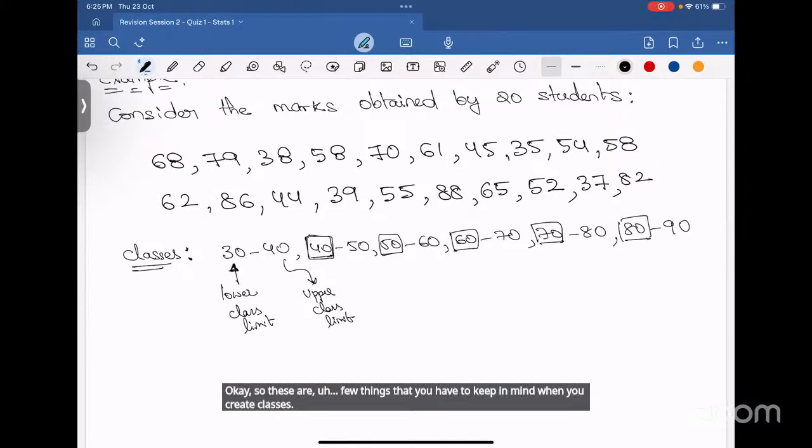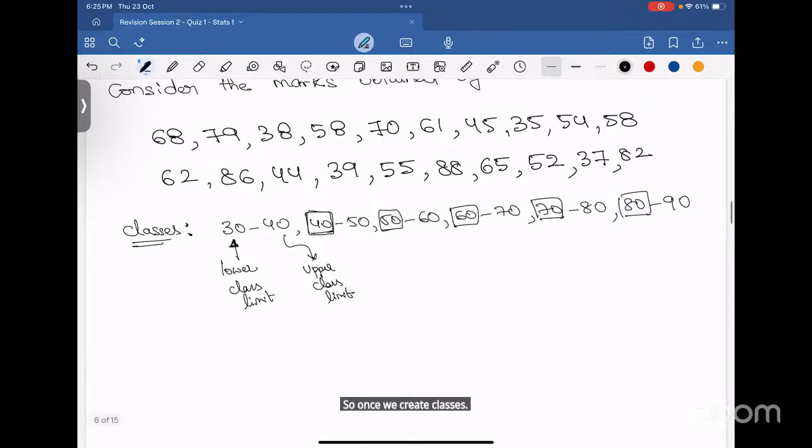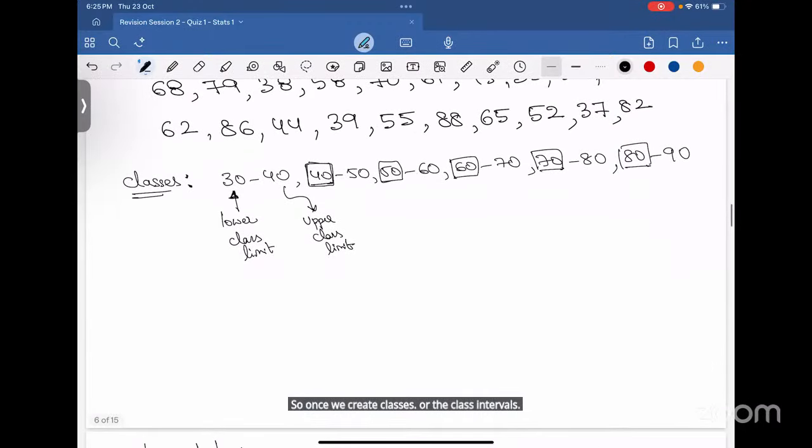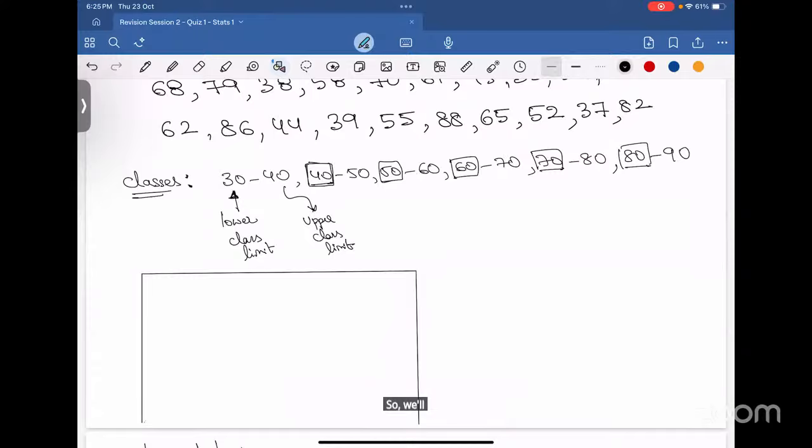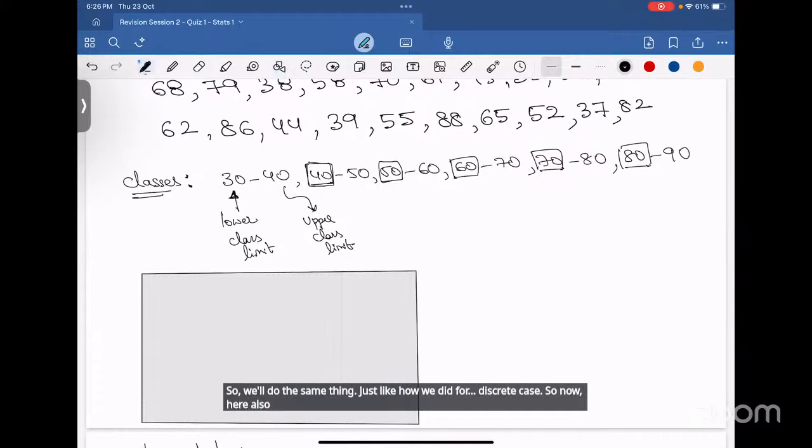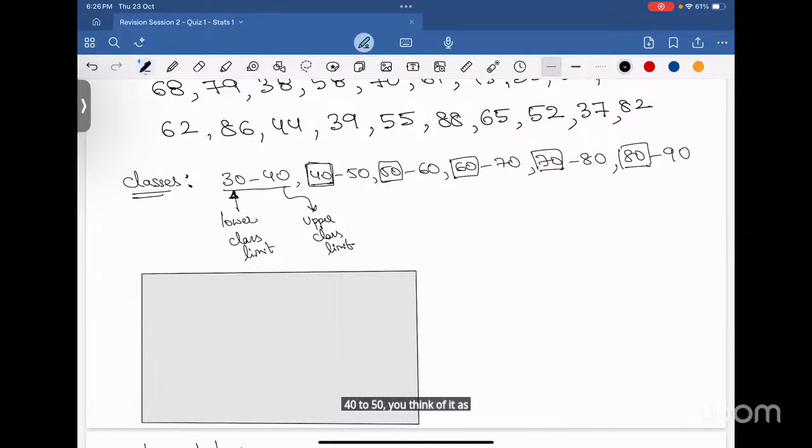So once we create classes or the class intervals, we plot the frequency table. We will draw it here, just like how we did for the discrete case. Now here also it became discrete, right? So 30 to 40, you think of it as one value. 40 to 50, you think of it as another value. 50 to 60, another value.